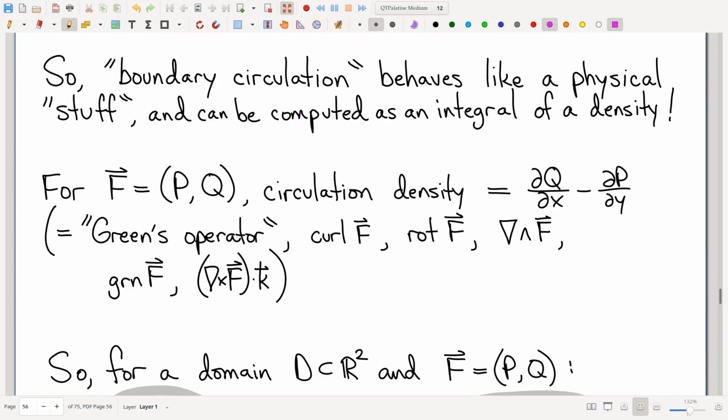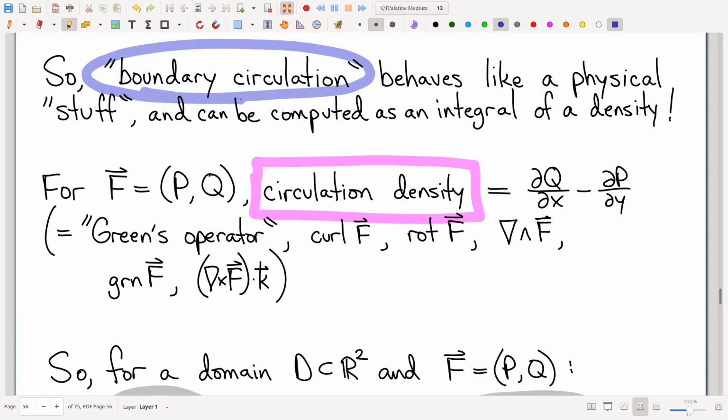Now, the actual computation of the corresponding density. Keep in mind boundary circulation is our accumulating quantity. So I'm going to call the density circulation density. We could call it boundary circulation density, but the boundary is implied. So circulation density, here's the formula.